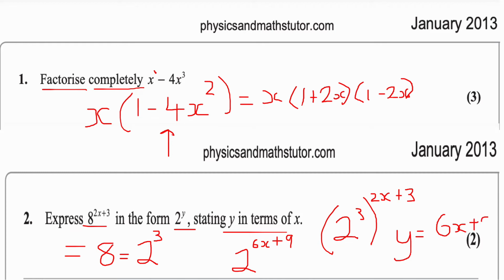So y is equal to the whole of that part, sorry, just to be very clear, 6x plus 9. So it's writing it in base powers of 2, guys.